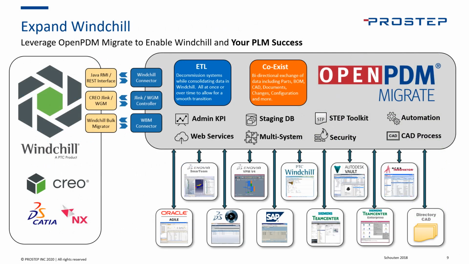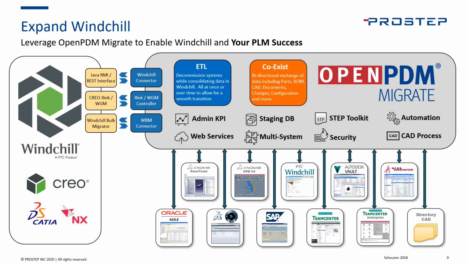So with OpenPDM Migrate, we can enable Windchill and efficiently migrate data into Windchill. Windchill is unique among many PLMs in that it has a pretty comprehensive API for migration with the Windchill bulk migrator itself.